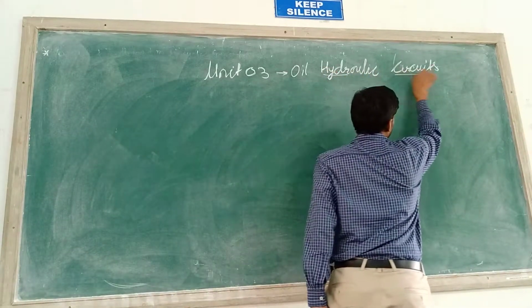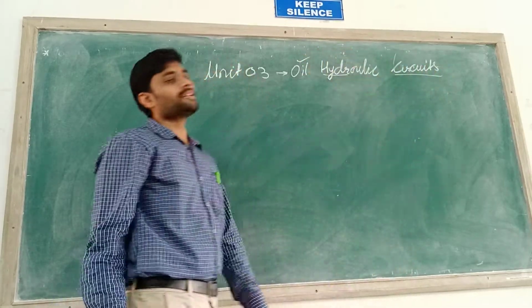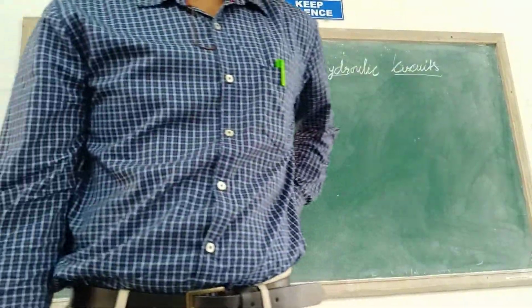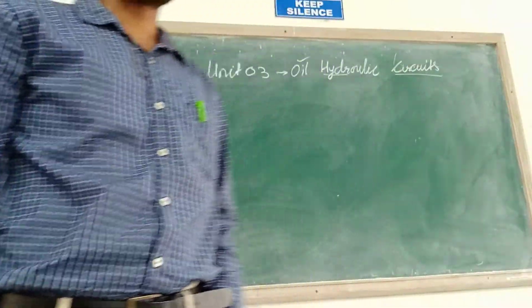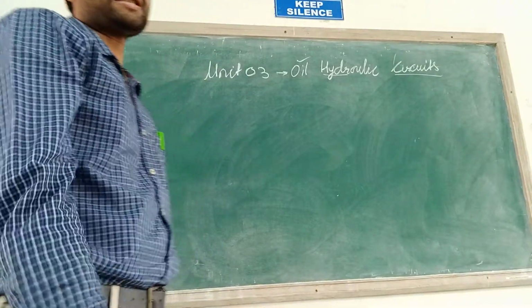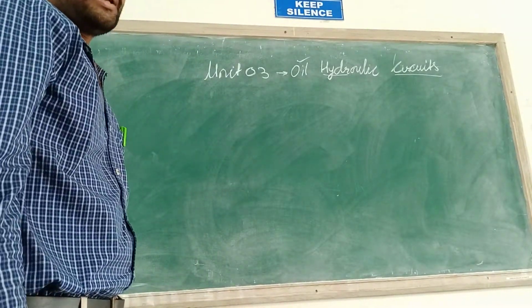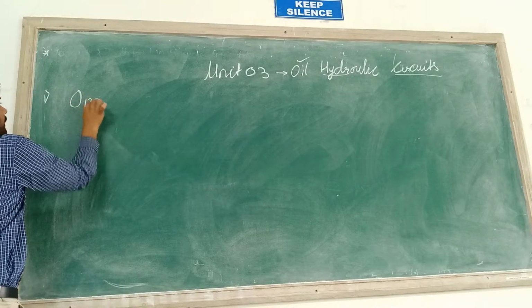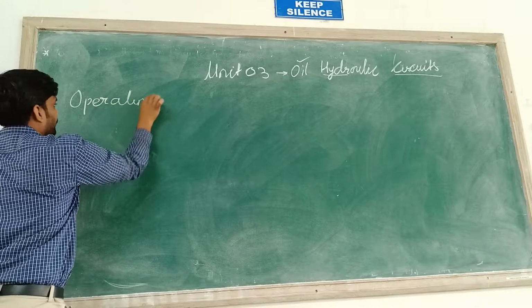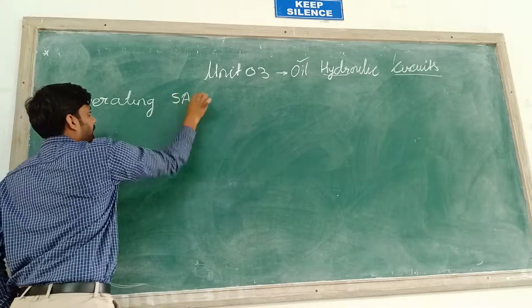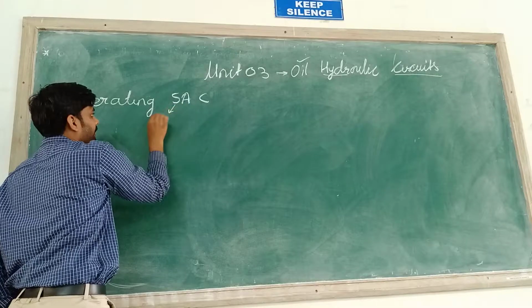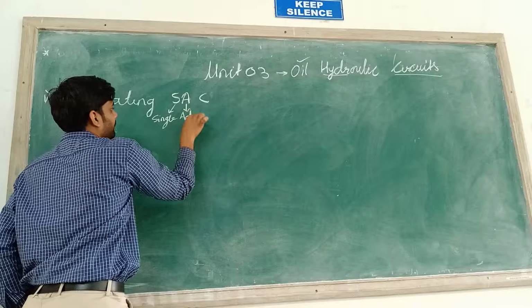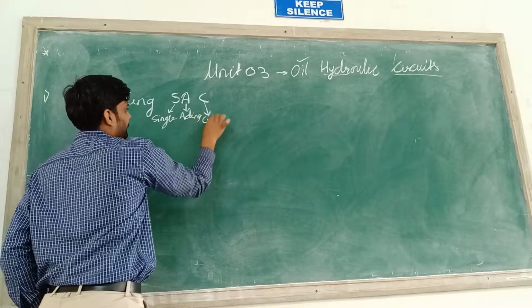These are the hydraulic circuits which have oil as the working fluid, so we name it oil hydraulic circuit. Firstly, we are going to study operating a single acting cylinder using a 3 by 2 direction control valve. SAC: S for single, A for acting and C for cylinder.